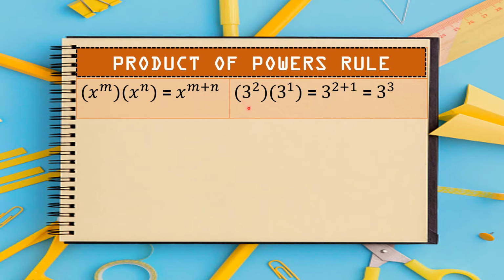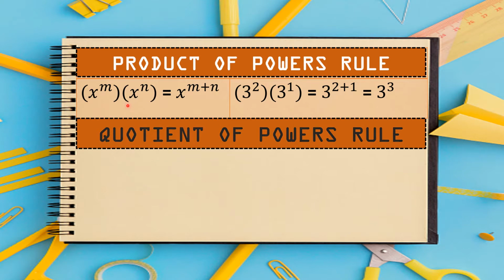Example, 3 raised to 2 multiplied by 3 raised to 1 is equivalent to 3 raised to 2 plus 1, and 3 raised to 2 plus 1 is 3 raised to 3. Here, you add powers together when multiplying like bases.